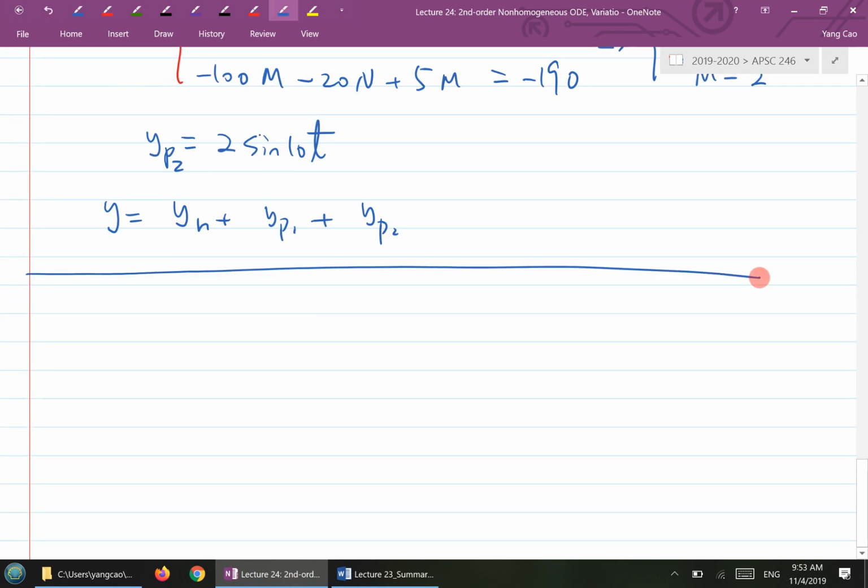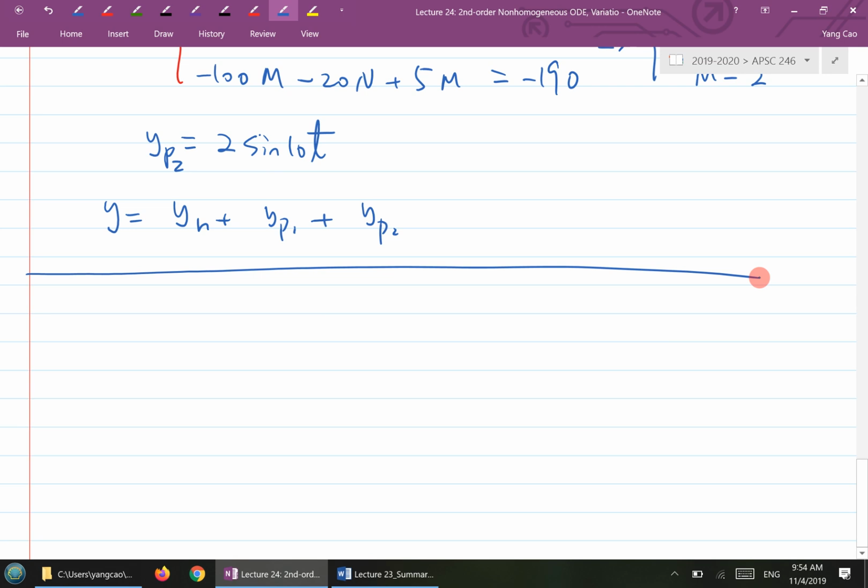Up to this point, this is the approach we call the method of undetermined coefficients. In simple terms, we call it the lucky guess approach. We're guessing our particular solution through the table, based on the type of inputs. But you probably already see the limitations of this approach.